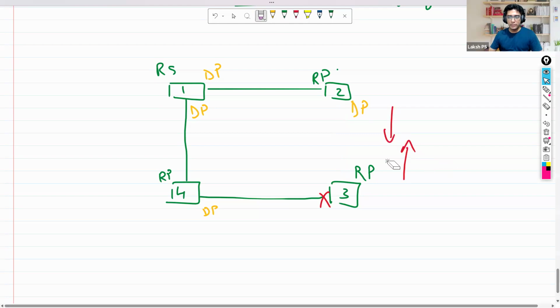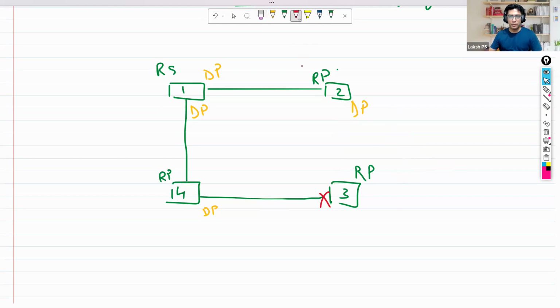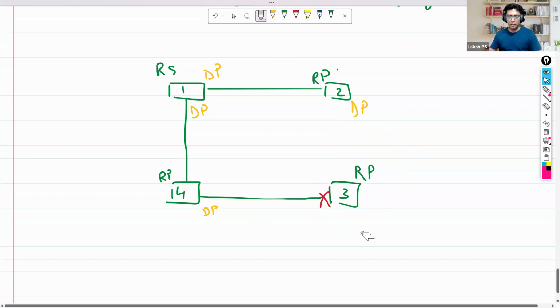That means switch number 3 is now isolated. None of the other switches can reach switch 3, and vice versa, switch 3 will not be able to reach the other 3 switches. So there should be some mechanism which will help switch 3 stay connected to the rest of the network.